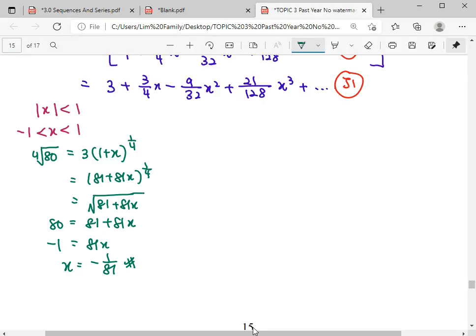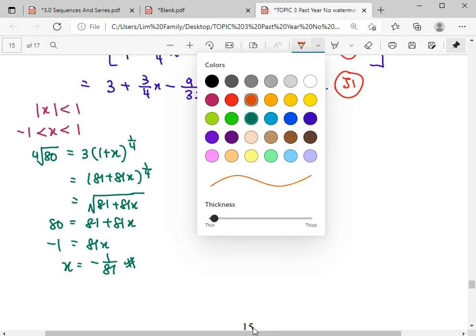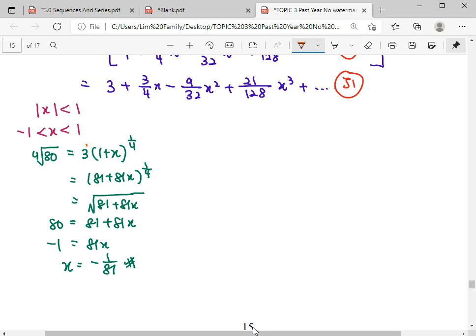Okay, I repeat this part. How do we put this 3 back into the fourth root? How do we know this is 81? Power 1 over 4 equals 3. So when you take out the number, power 1 over 4 is equal to 3, so that number should be equal to 3 to the power of 4.